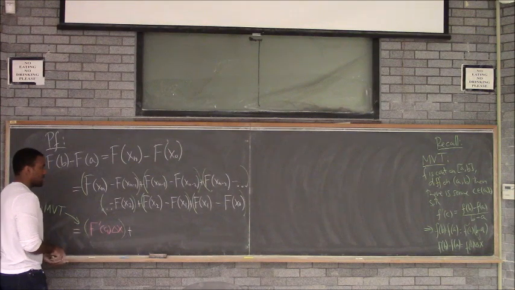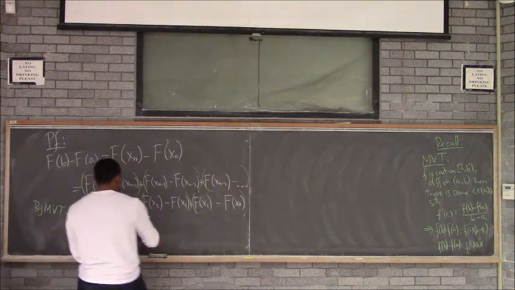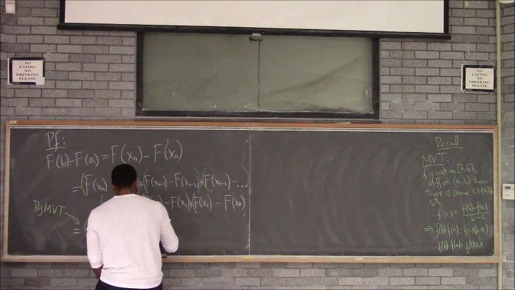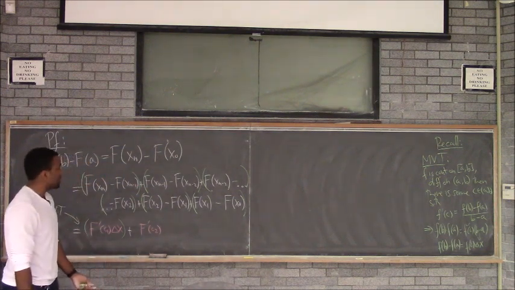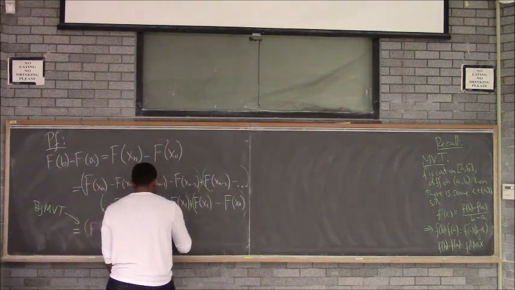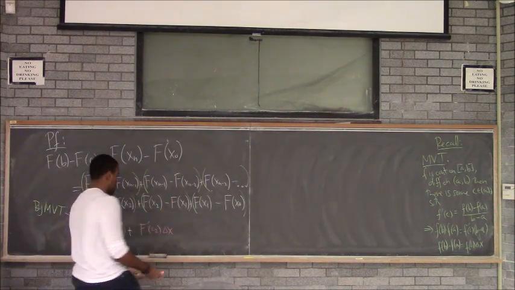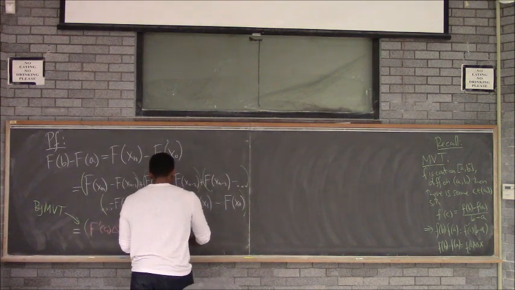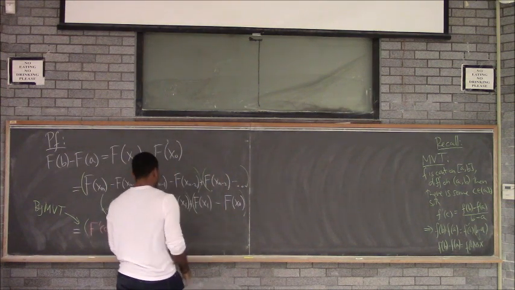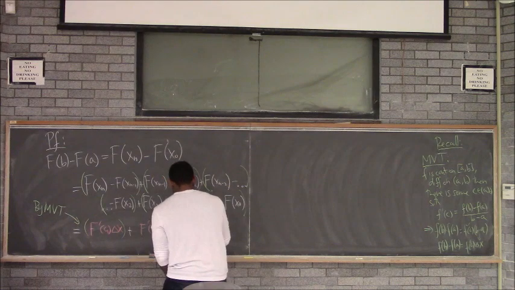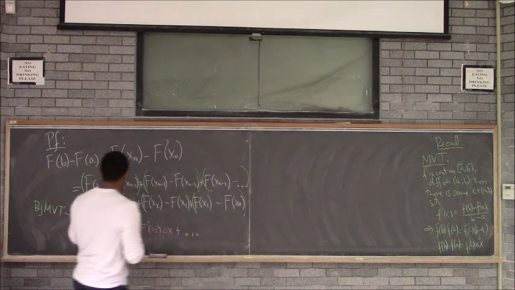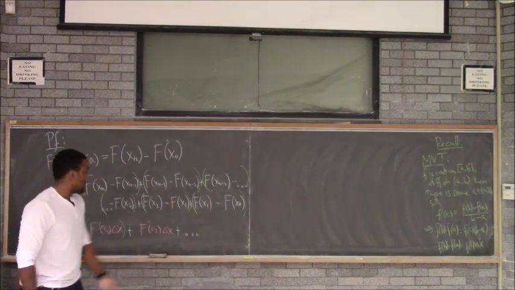Plus, I can keep going. There is some other point in this interval, call that point c2, where if I take the derivative of that times delta x, it's going to give me that difference. This has to exist. There will be some other point in this interval, and I think you can actually see the idea of what I'm going to do. I can follow that all the way down to the end.